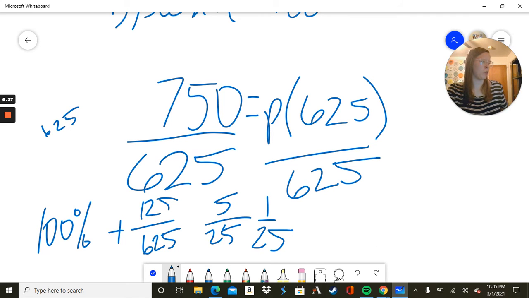Okay, so let me double check my answer here. We're going to end up with 120%. So the 7th graders are 120% of the 8th graders.